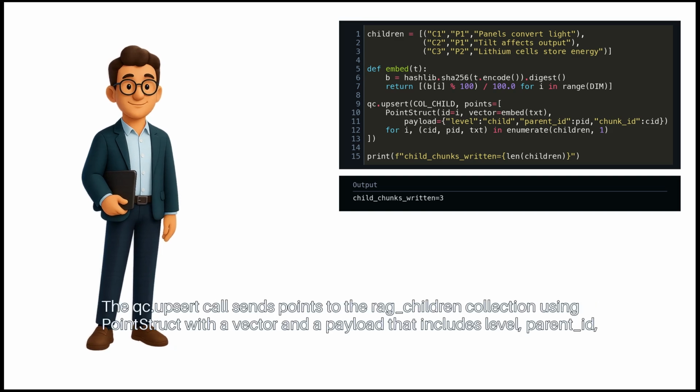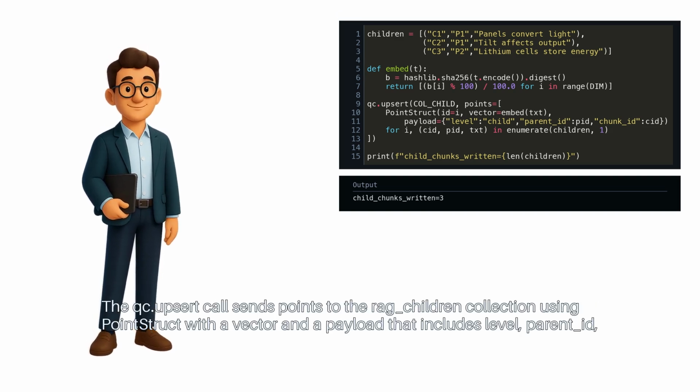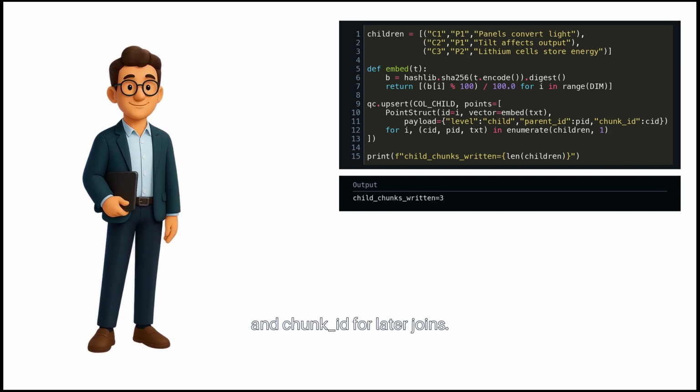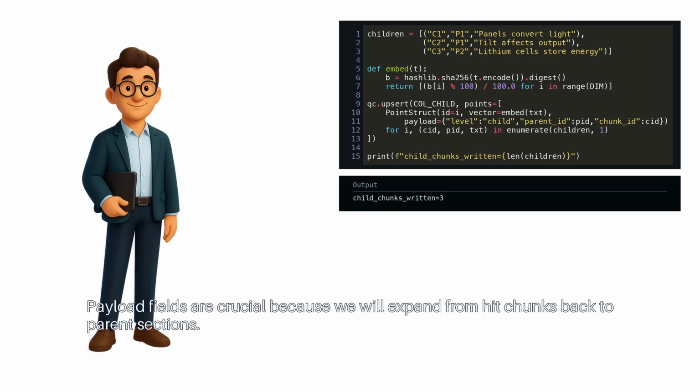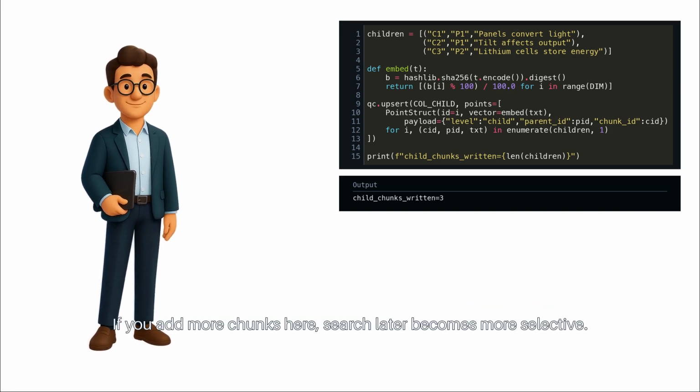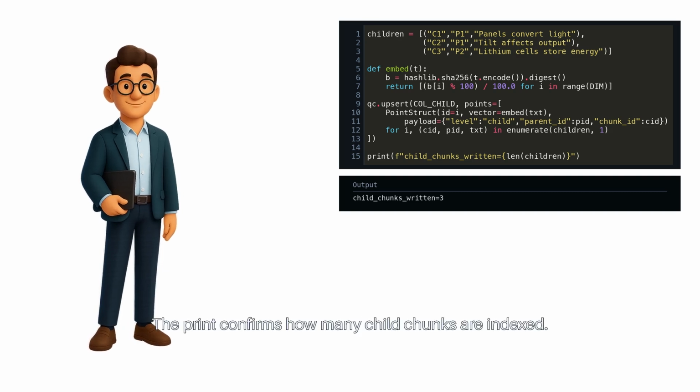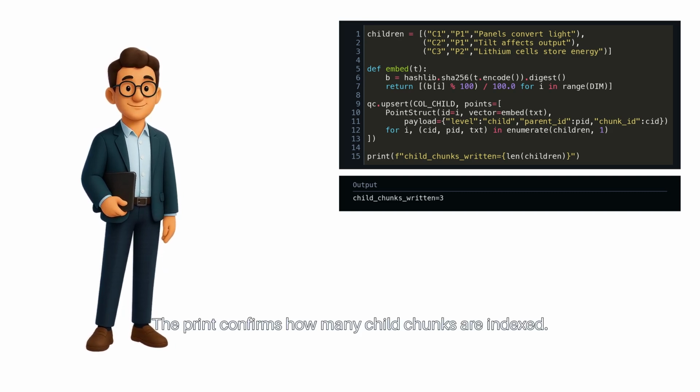The qc.upsert call sends points to the rag_children collection using PointStruct with a vector and a payload that includes level, parent ID, and chunk ID for later joins. Payload fields are crucial because we will expand from hit chunks back to parent sections. If you add more chunks here, search later becomes more selective. The print confirms how many child chunks are indexed.